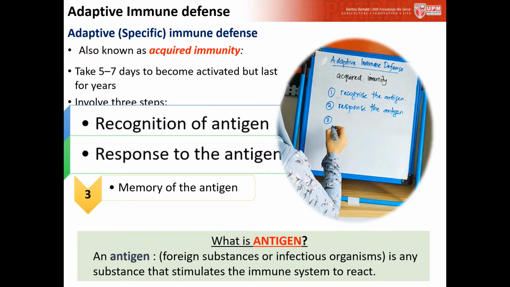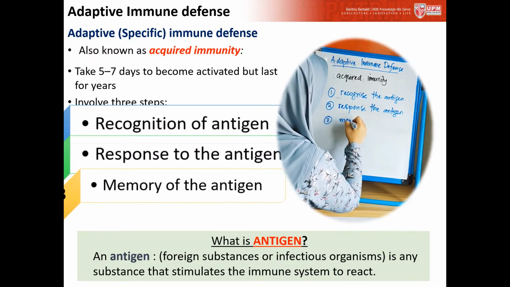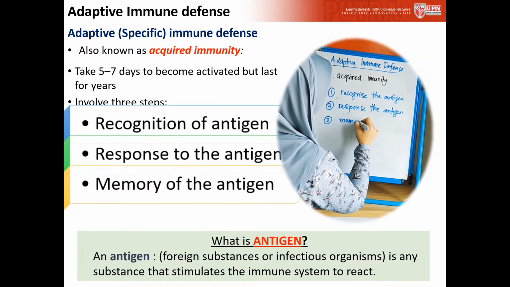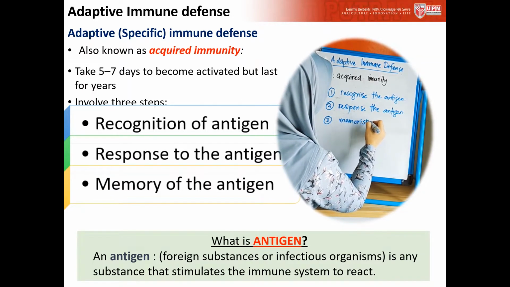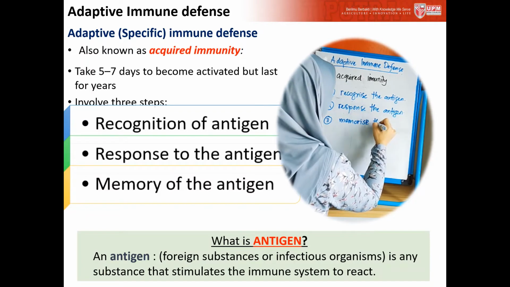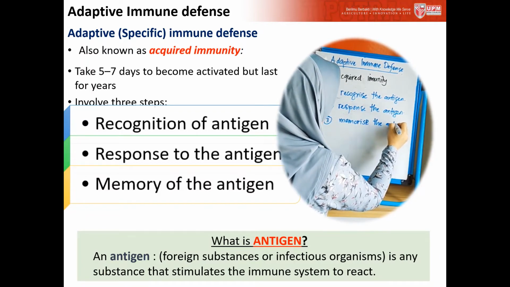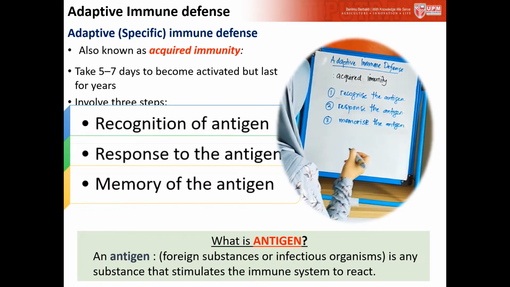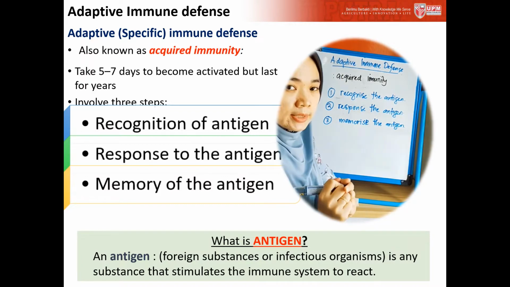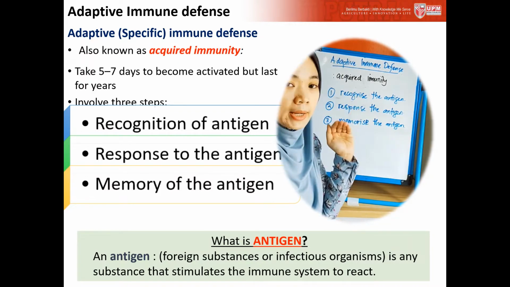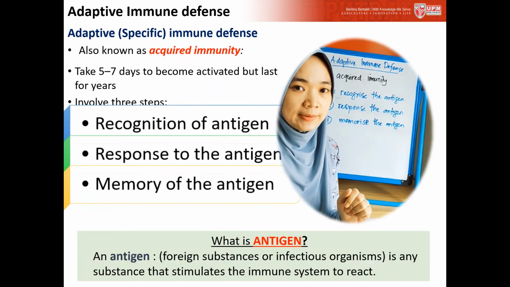The last one is to memorize the antigen. So these are the main steps under adaptive immunity.